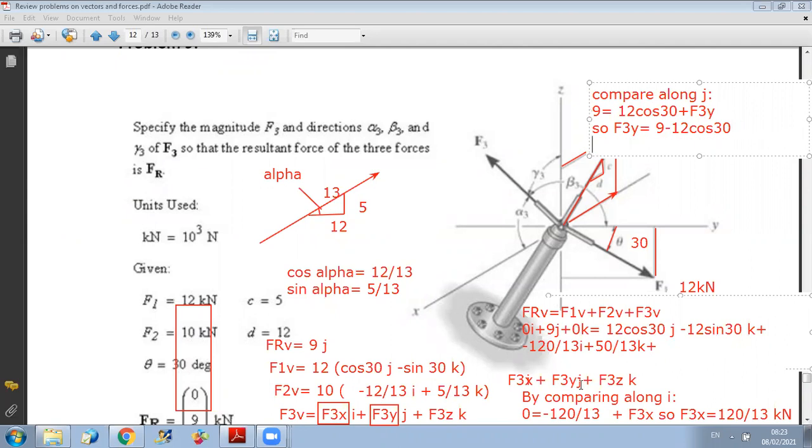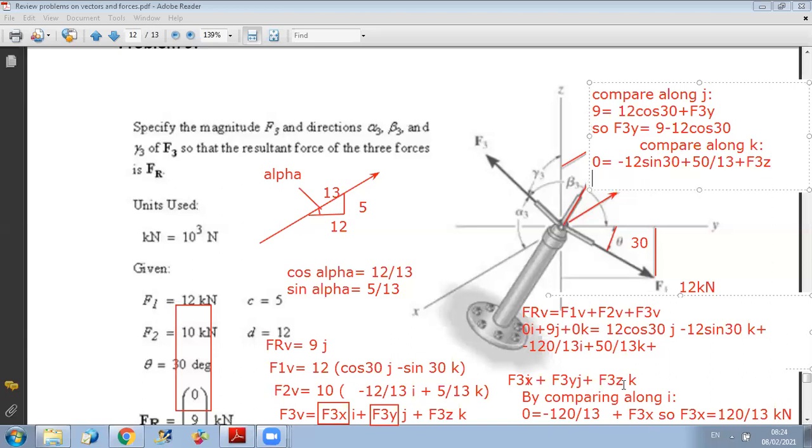The third step is to compare along K. What do I have along K? From the left side, it's 0. So 0 equals, from the other side, first minus 12 sine 30, and the second term is plus 50 over 13, and finally plus f3z.